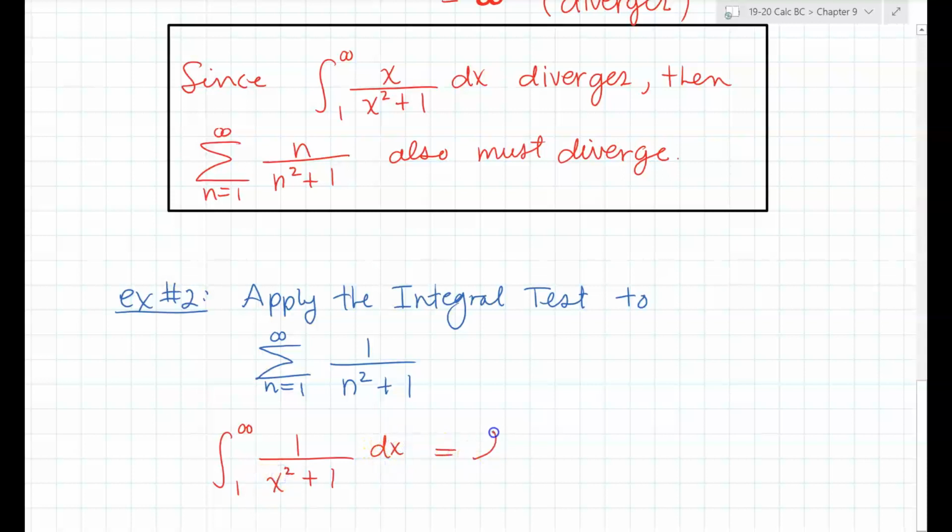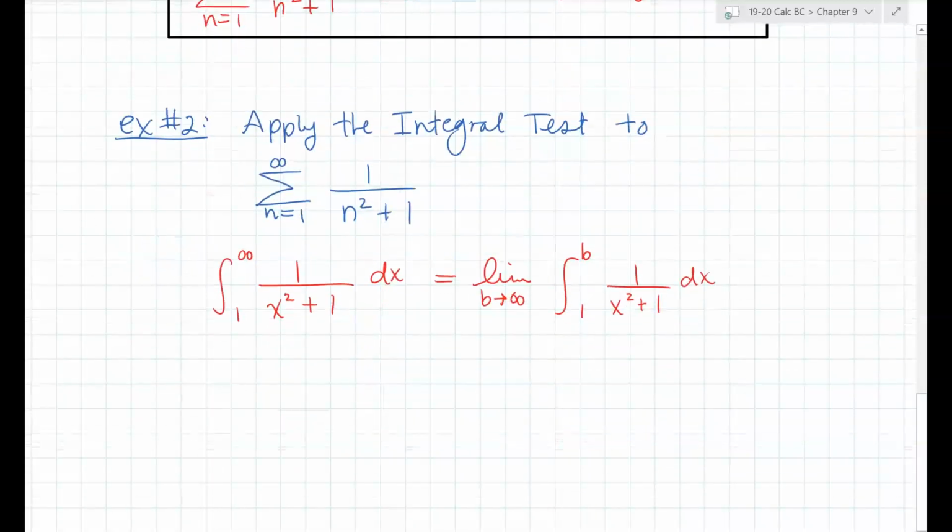Now, first off, we have to apply the limit as this is an improper integral. So it's the integral from 1 to b instead, 1 over x squared plus 1 dx, as b approaches infinity. This fits the definition for an arctangent, 1 over x squared plus 1, where our u value is x and our a value is 1.